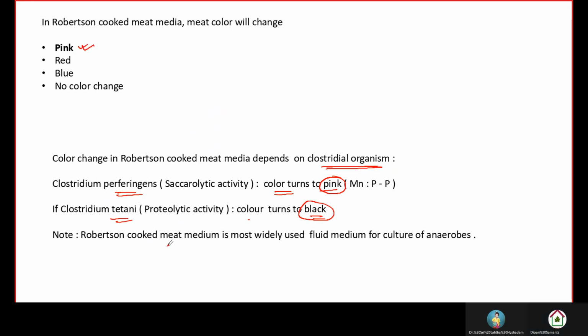Robertson cooked meat media is the most widely used fluid medium for anaerobic bacterial culture. Very important. Most widely used fluid medium for anaerobic culture.